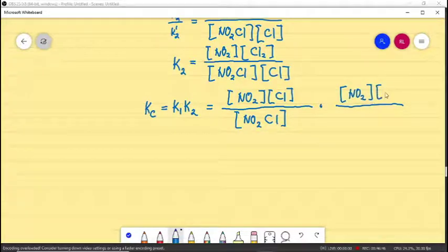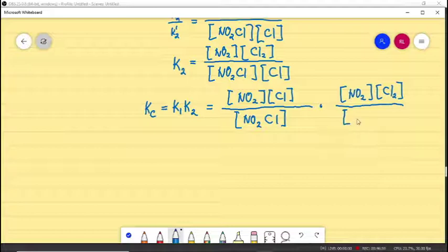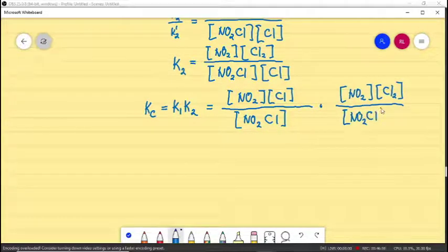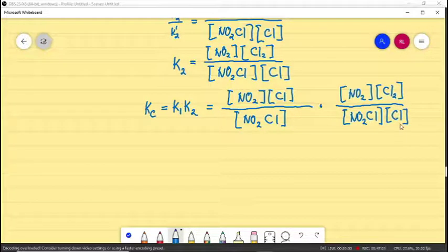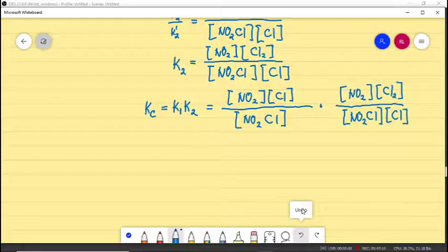Let's just copy that one. Okay, tama ba? Tama naman. Then we have, okay. Then we will cancel out this one. I think it's better if we use different color.